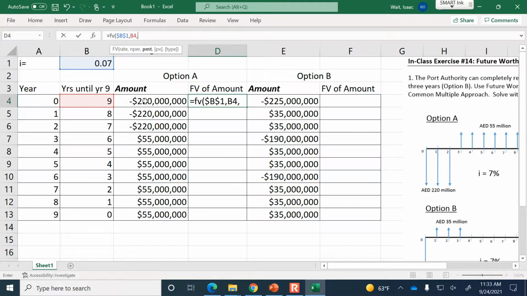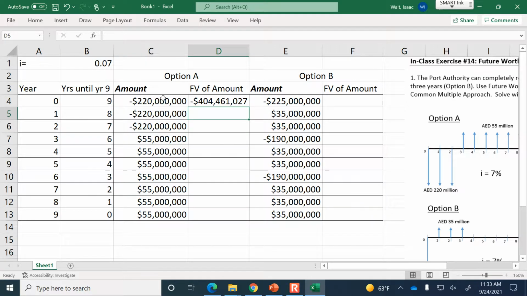So we're going to skip over the payment field with another comma, and then it's the minus of the amount in the present value cell, so that when you close parentheses and enter, it's going to take that $220 million 9 years in the future, and that turns out to be a cost of $404 million at year 9.